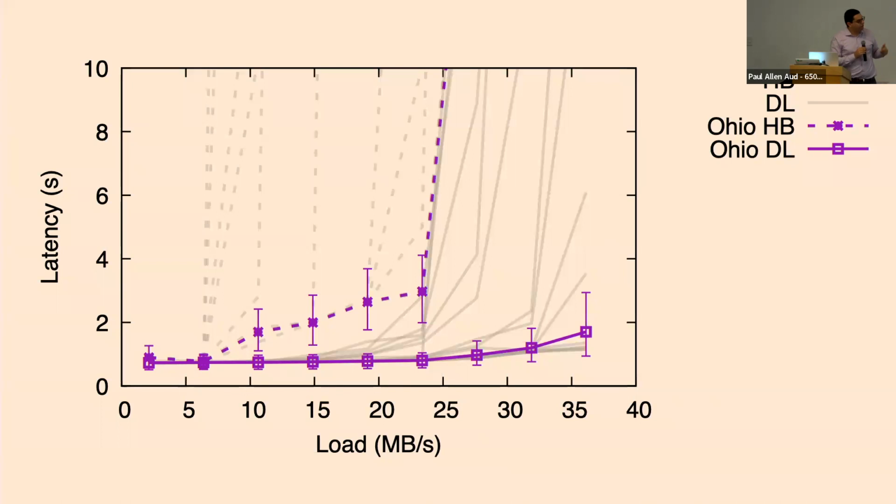One of the reasons for this, the main reason, is that, as I mentioned, in Honeybadger, you have to download the entire block. So the duration of an epoch is proportional to the block size. As you increase the load in the system, the blocks become larger, and those durations of the epochs increase, and that's why you get about 74% higher latency even when things are stable, and it's a lot more variable.